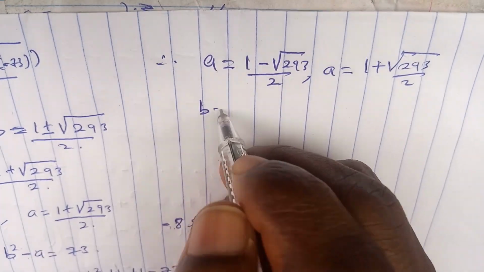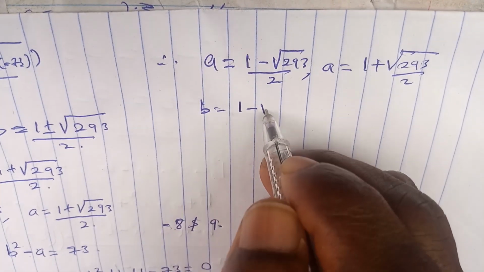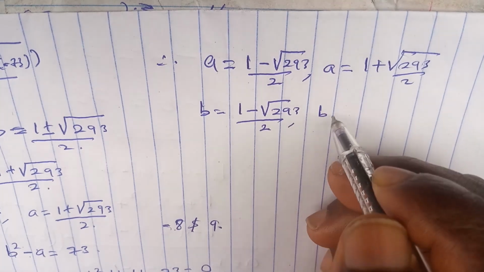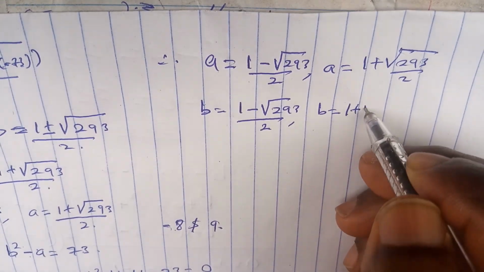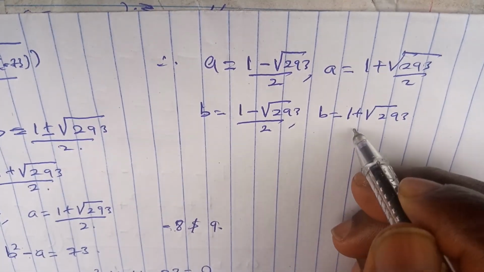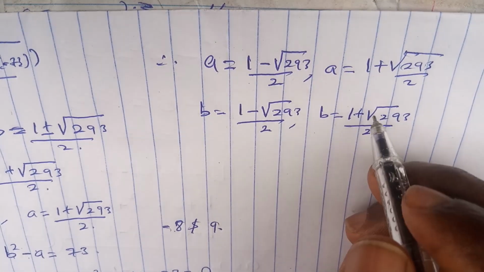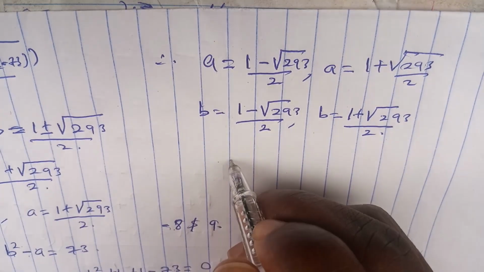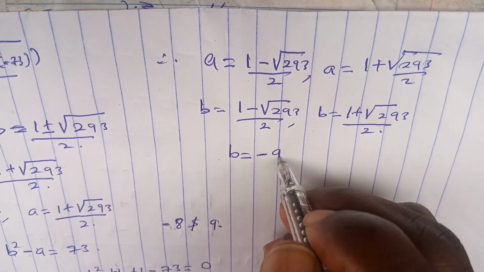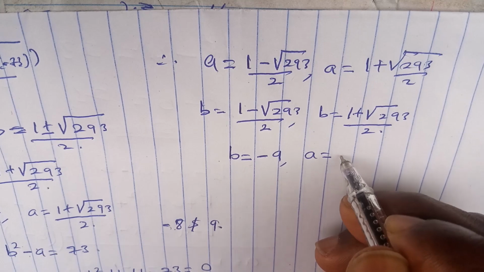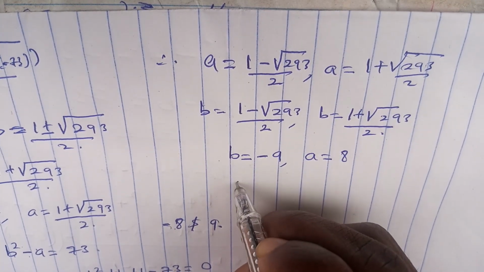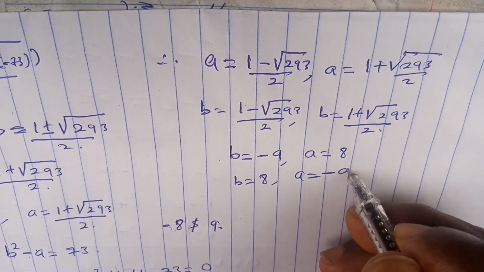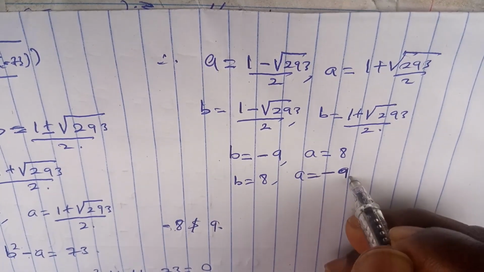Now b equals 1 minus root of 293 divided by 2, and b also equals 1 plus root of 293 divided by 2. So these are the first two values for a and b. Let's look at the other one. When b equals minus 9, a equals 8. When b equals 8, a equals minus 9.